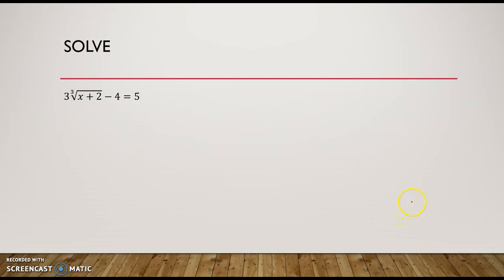So for the first example, 3 times the cube root of x plus 2, minus 4, equals 5. The first thing I'm going to do is the same thing as if this were just one big variable, right? I would work farthest away to get closer. Farthest away from my radical is this minus 4, so I'm going to move that over by adding.